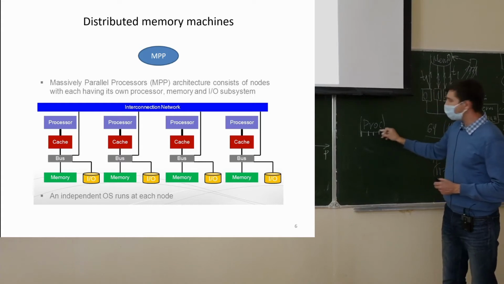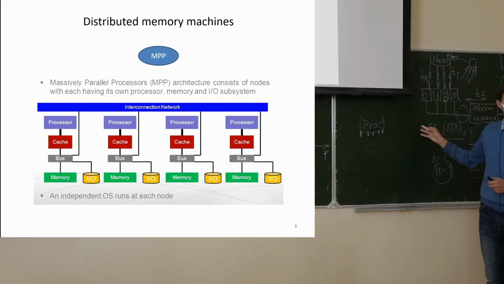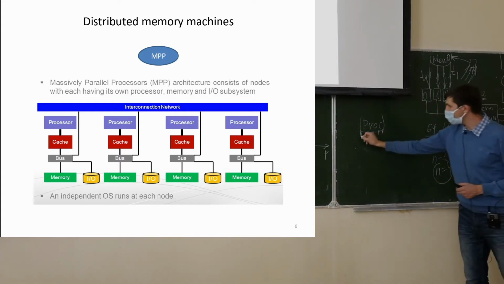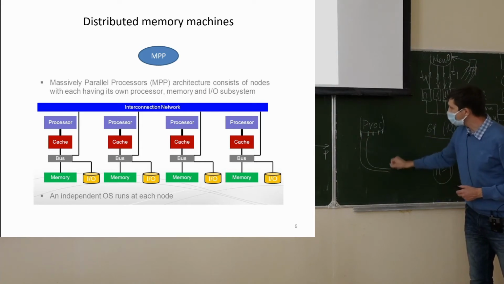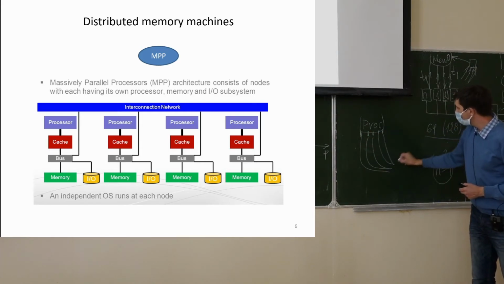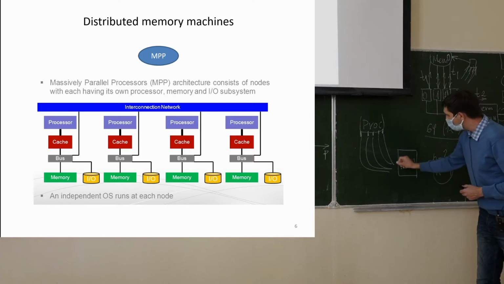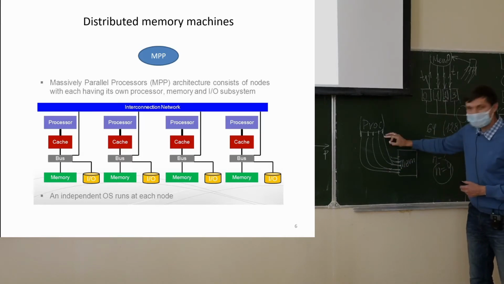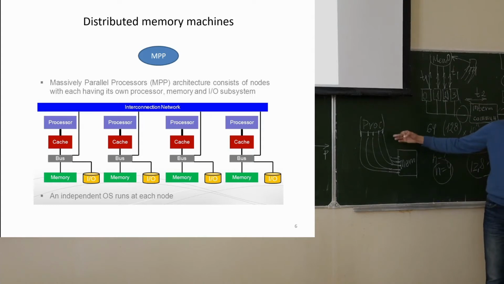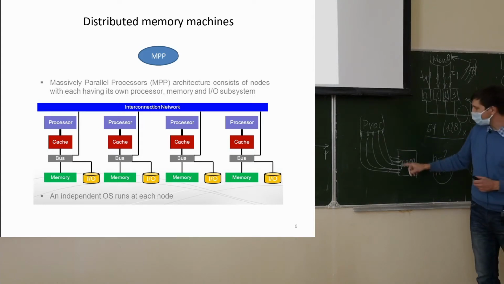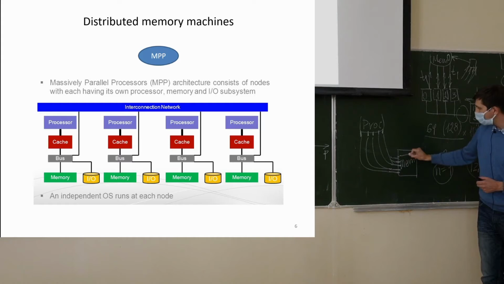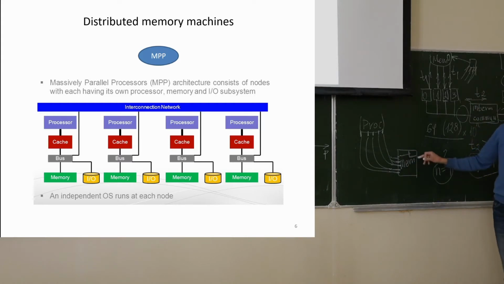And how can this processor read some information from memory? There are wires, connectors from the processor, and the memory also has connectors. And these are lines, wires, and through these lines you can read or write some information from the memory.